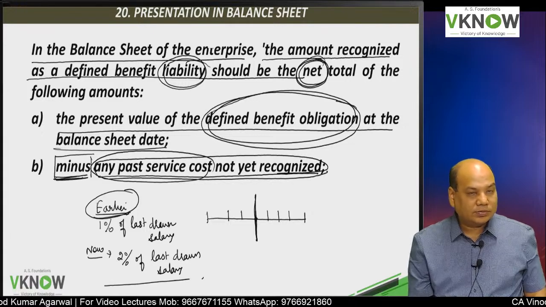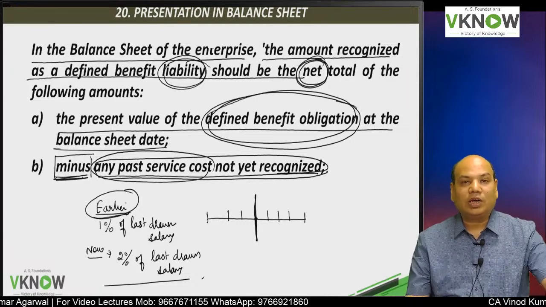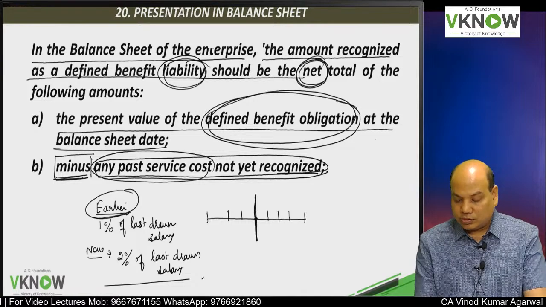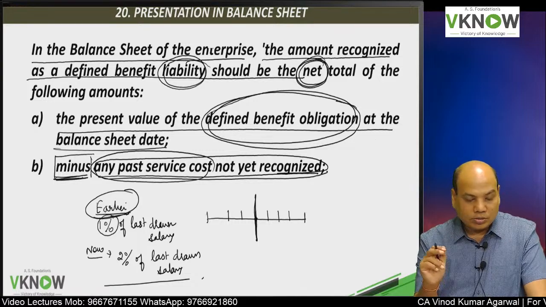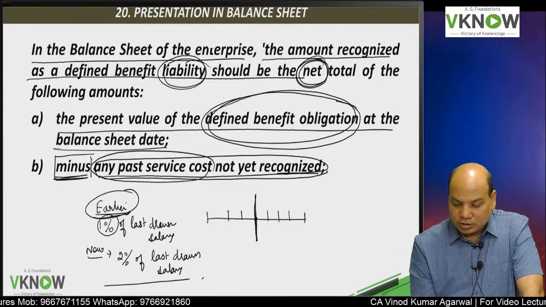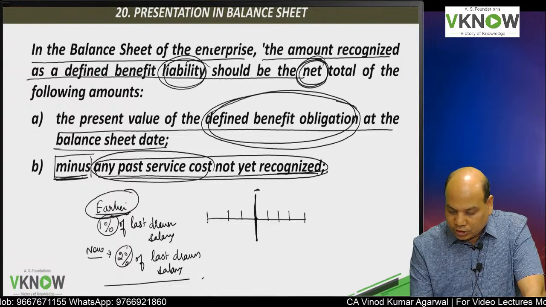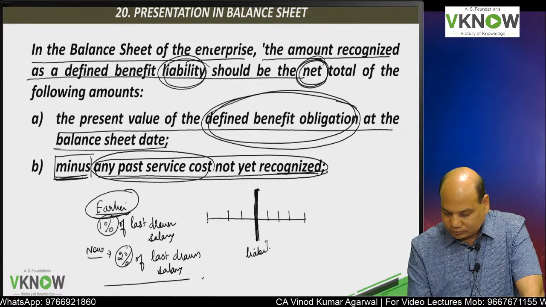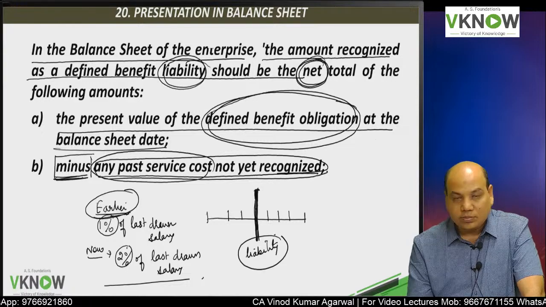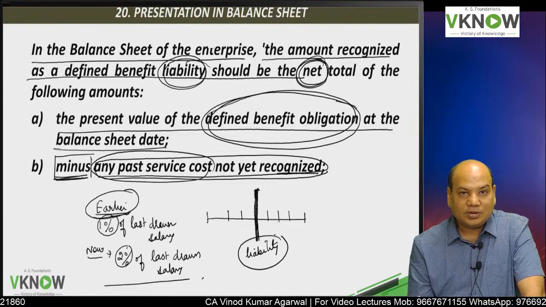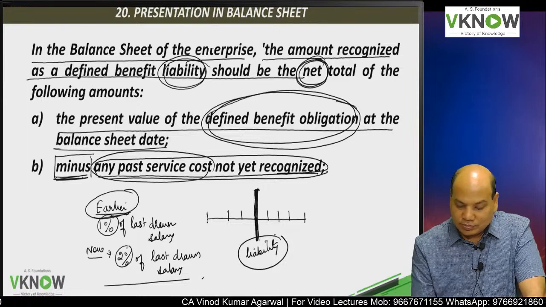So because of that, we need to recalculate the liability. We need to recalculate the liability because the earlier calculation was based on 1% of last drawn salary, but now it has to be 2% of the last drawn salary. So in our books, at the end of year 3, we already have some liability, and that liability needs to be amended, increased or decreased.